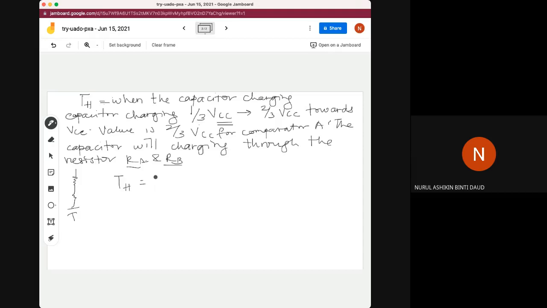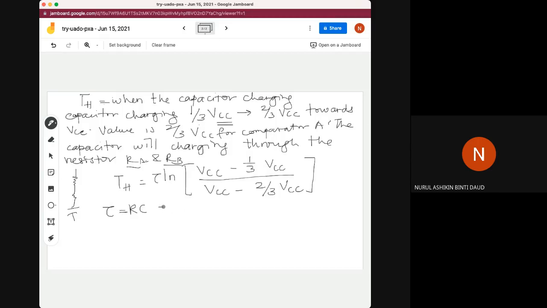The formula is tau ln of (VCC minus 1/3 of VCC) over (VCC minus 2/3 of VCC). How to calculate tau? Tau is equal to RC, resistor and capacitor.